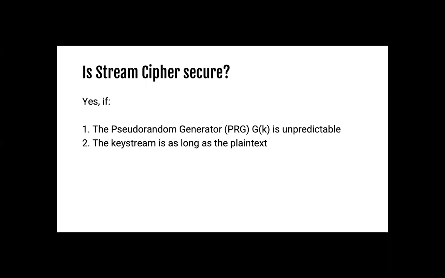So some plain text will just barely show right over there. Even after the encryption, you know that it's the plain text, and you don't want that to happen. So you want to make sure that the key string, when it is combined with the plain text, is as long as the plain text.